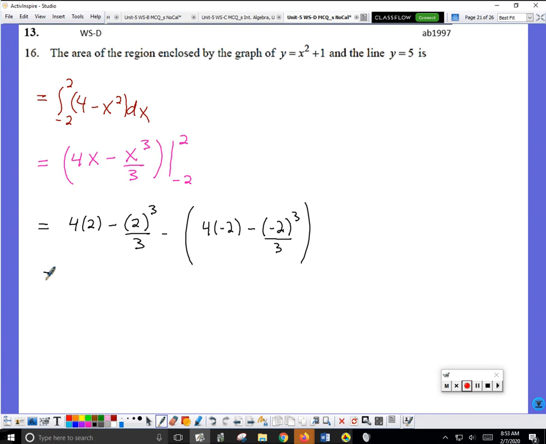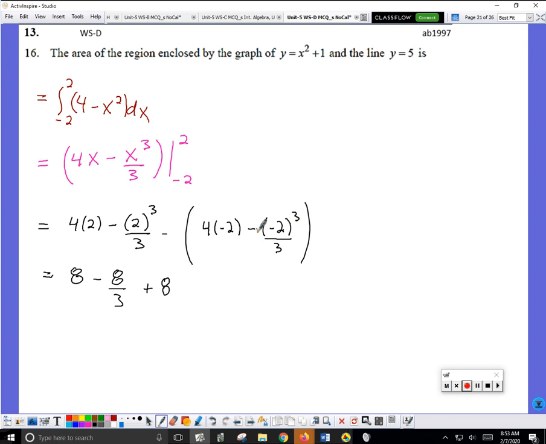So this becomes 8 minus 8/3. This is negative 8 times that will be positive 8. This would be negative 8/3, positive 8/3, back to negative 8/3. So negative cubed is negative.